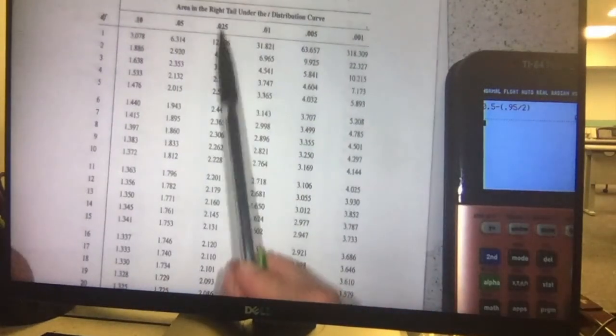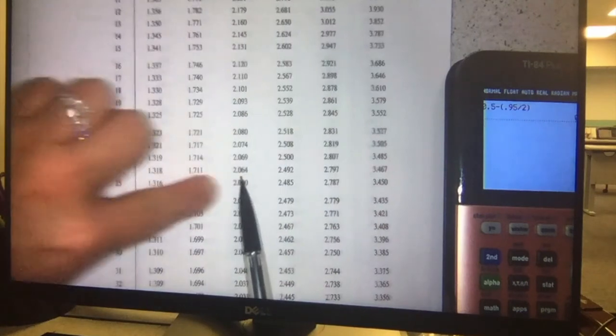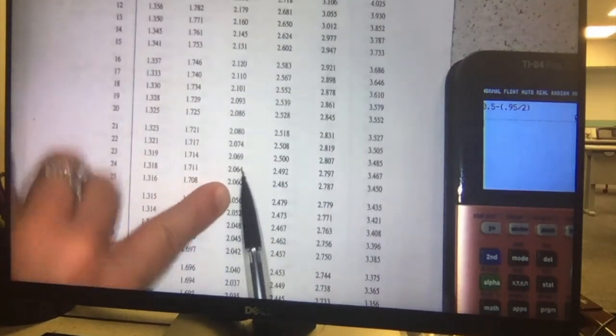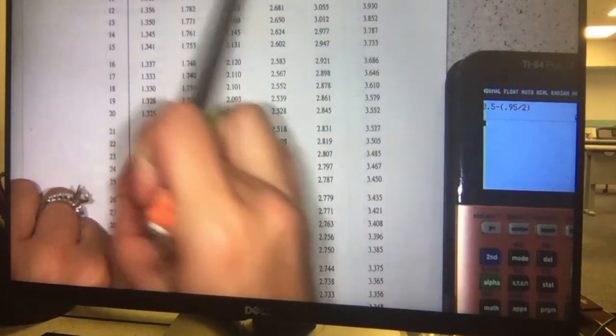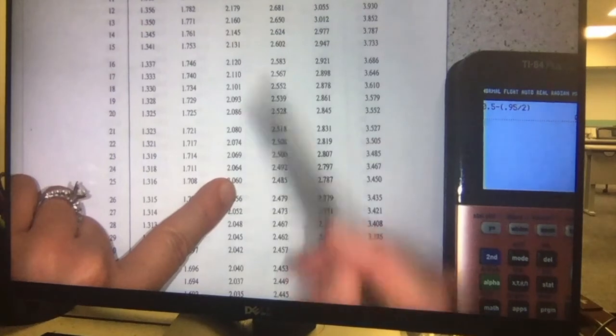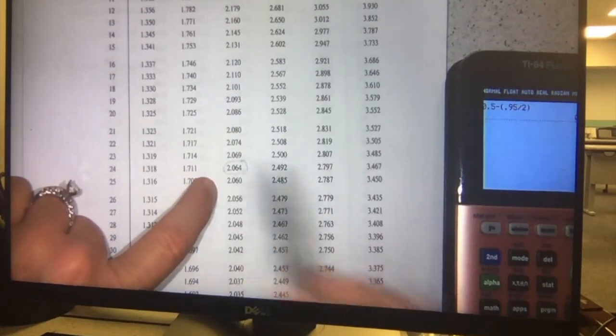Where these two things meet will give us 2.064. Bingo. So 24 degrees of freedom and then 0.025 will give us this 2.064.